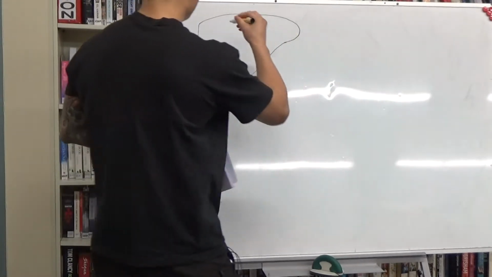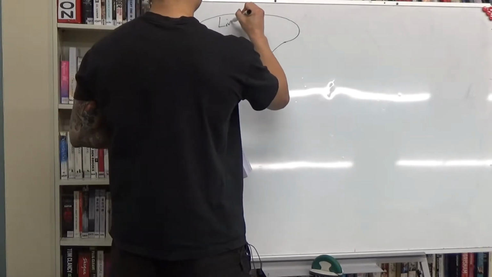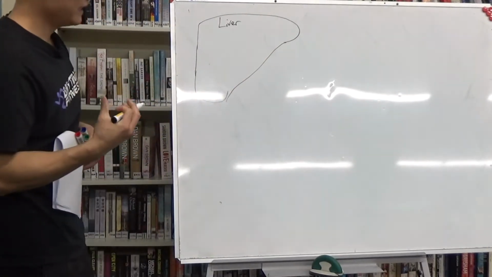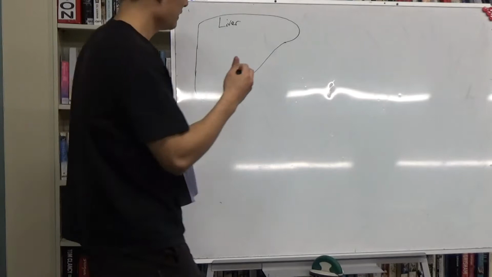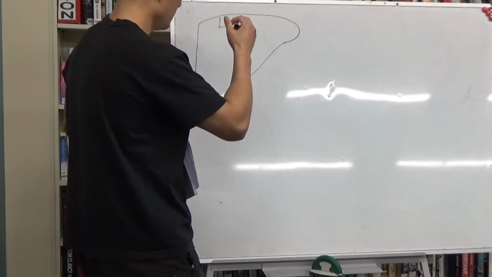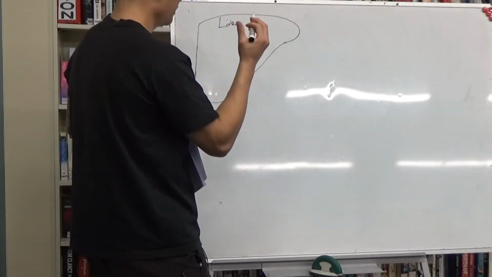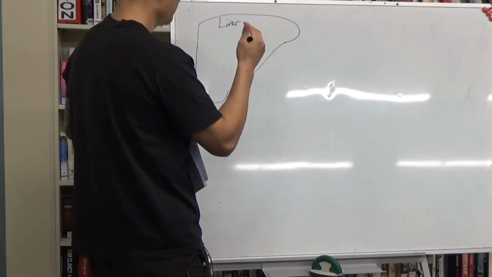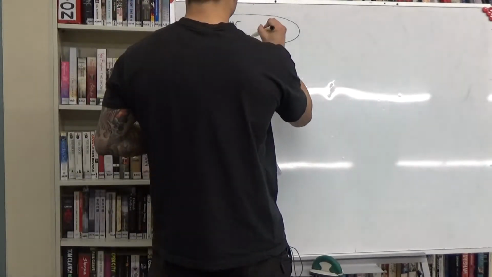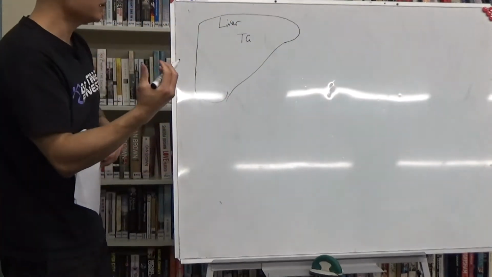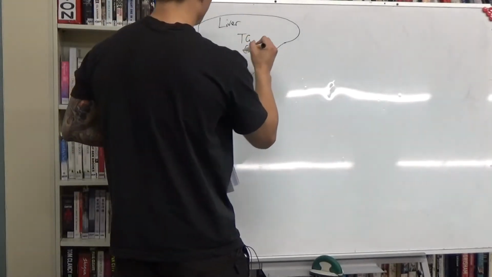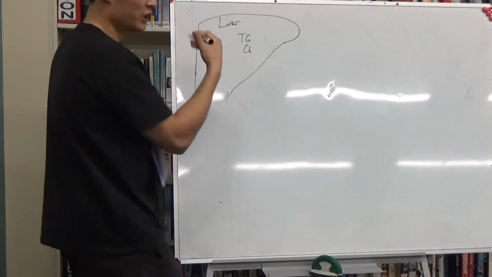Your liver normally contains some triglycerides. You've got a lot of triglycerides in your liver, and you've also got some cholesterol, and you want to get rid of it.